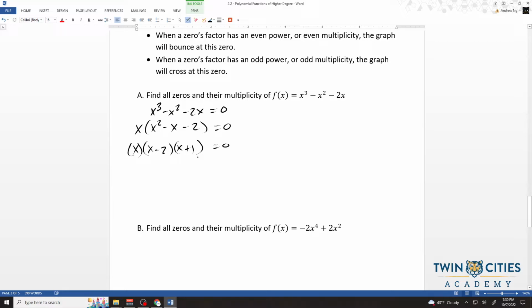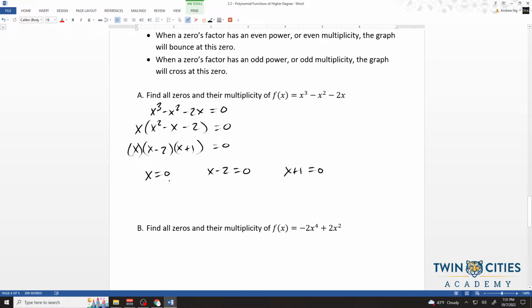Zero product property says if all three of these things are being multiplied together and they equal 0, it must be true that at least one of these is 0. So now I'm going to set each of these equal to 0 and solve for x. So x equals 0, x minus 2 equals 0, x plus 1 equals 0.